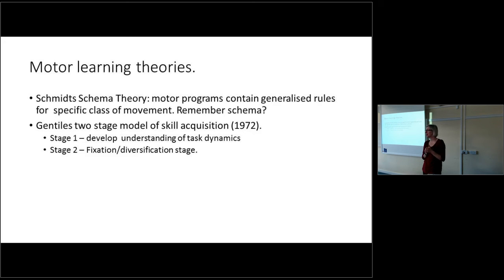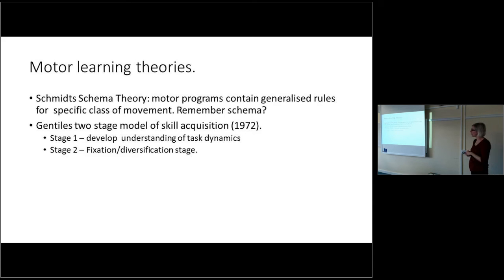The cat and the dog, developing schemata for understanding. Piaget, yeah. So he talks about cognitive schema, and Schmidt talks about movement schema. The idea is that the reflexes form building blocks for movements, and those building blocks then become motor programs. So you'll come across this if you're doing any reading around motor learning.